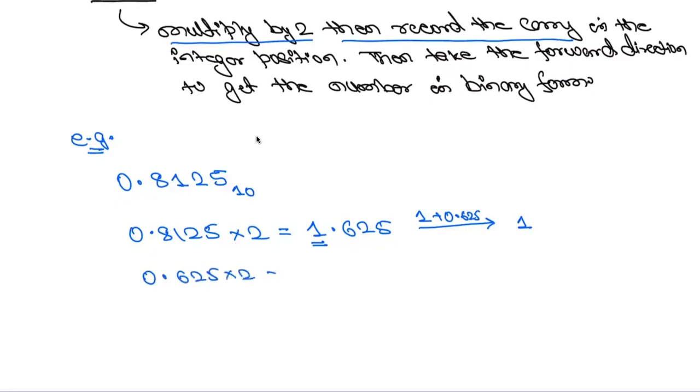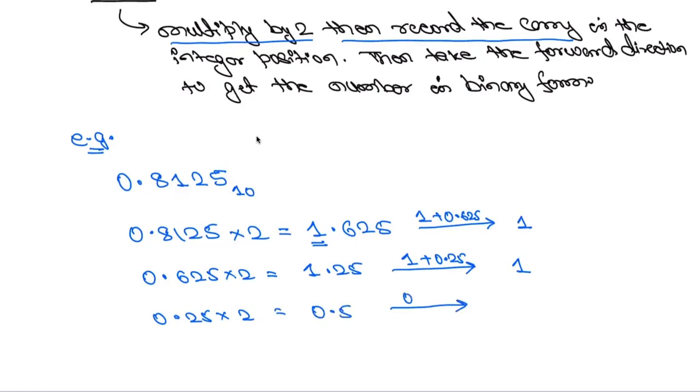0.625 into 2 will become 1.25. That can be written as 1 plus 0.25, right? This is the fraction part that we need to convert. 0.25 into 2, and this is the integer part, that is 1. Again, 0.25 times 2 is 0.5. 0.5 can be written as 0 plus 0.5. That means the carry is 0 only, right?